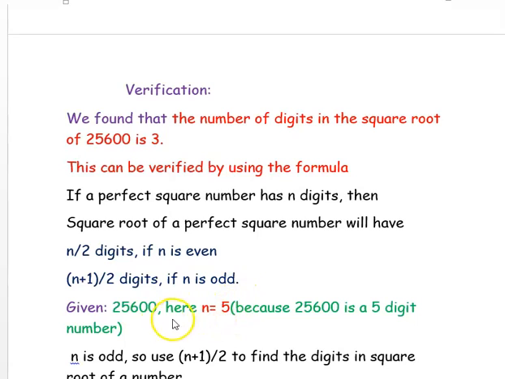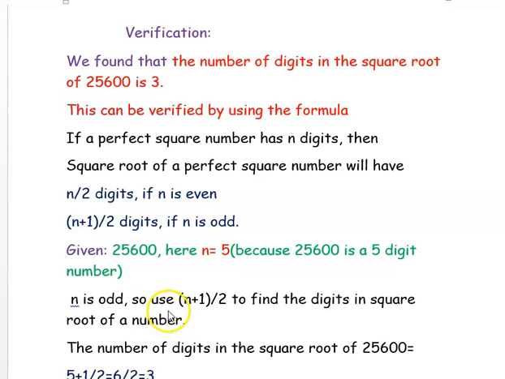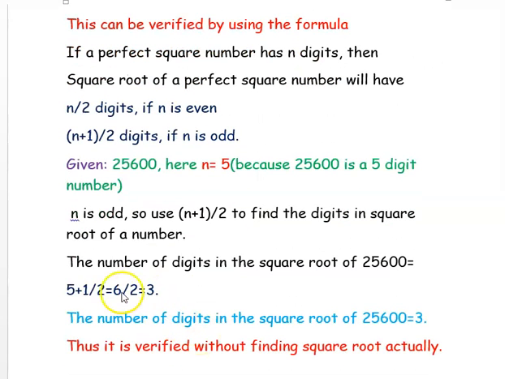The n represents the number of digits in the given number. Here the number of digits is 1, 2, 3, 4, 5. So n is 5, and n is odd. So we use the formula n plus 1 divided by 2 to find the digits in the square root of the number. So 5 plus 1 by 2, that is 6 by 2, which is 3. So the number of digits in the square root of the given number is 3. This we have verified without actually finding the square root.